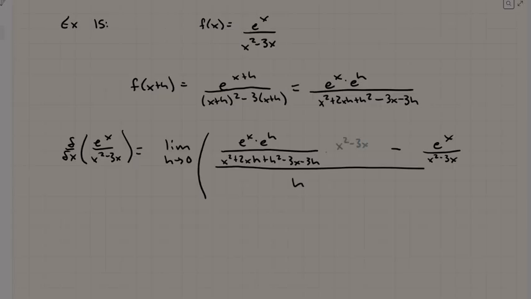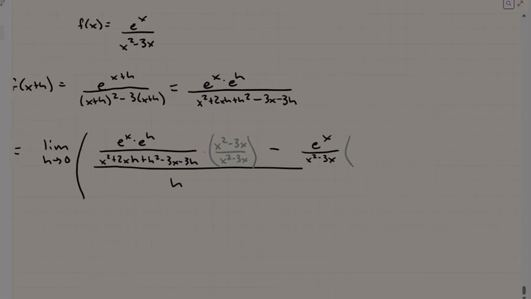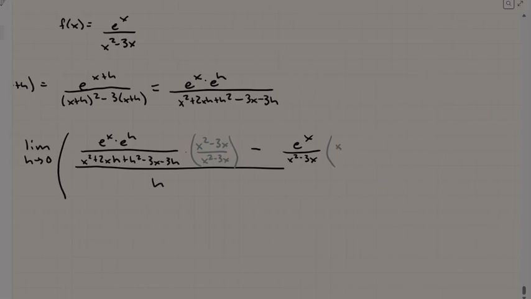All right, x squared minus 3x over x squared minus 3x. On this side, it's going to be a long one. x squared plus 2xh plus h squared minus 3x minus 3h over that same thing.